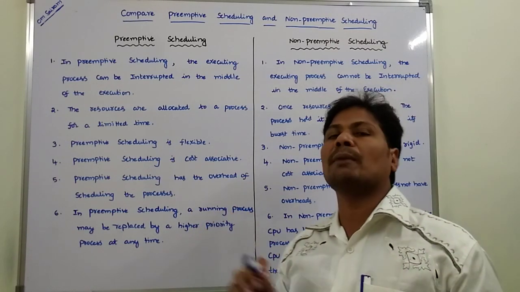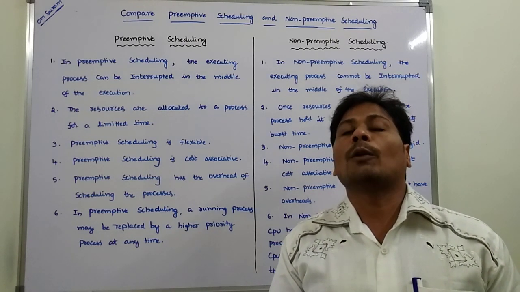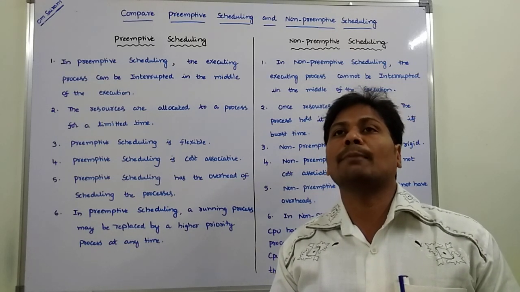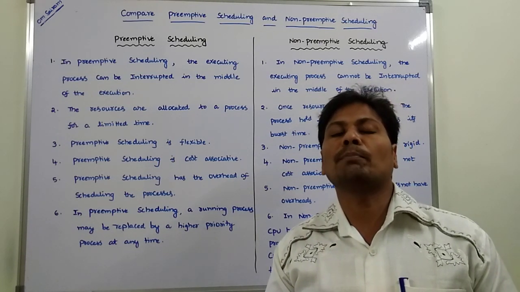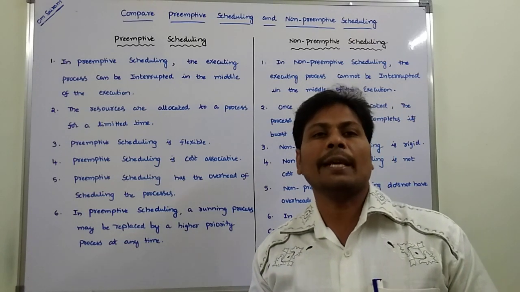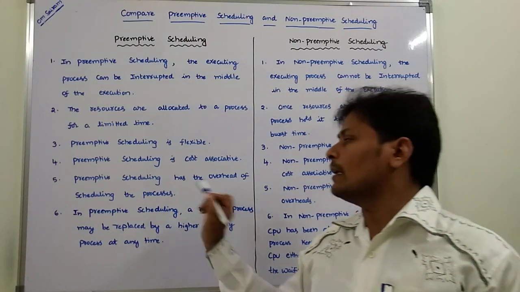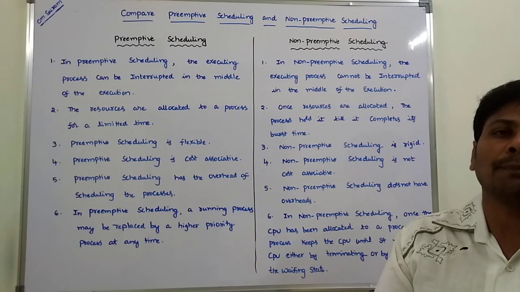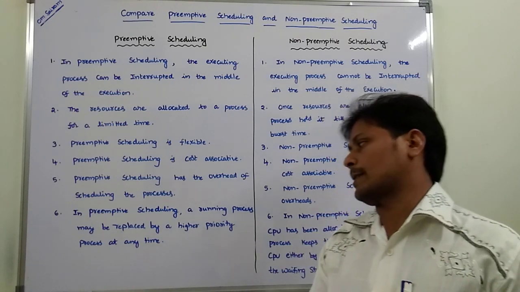In preemptive scheduling, the CPU can be switched from a lowest priority process to a highest priority process for a limited amount of time. Once the time is completed, the CPU is again allocated to the lowest priority process. This is the overhead that occurs in preemptive scheduling, whereas in non-preemptive scheduling there is no overhead of scheduling the process.